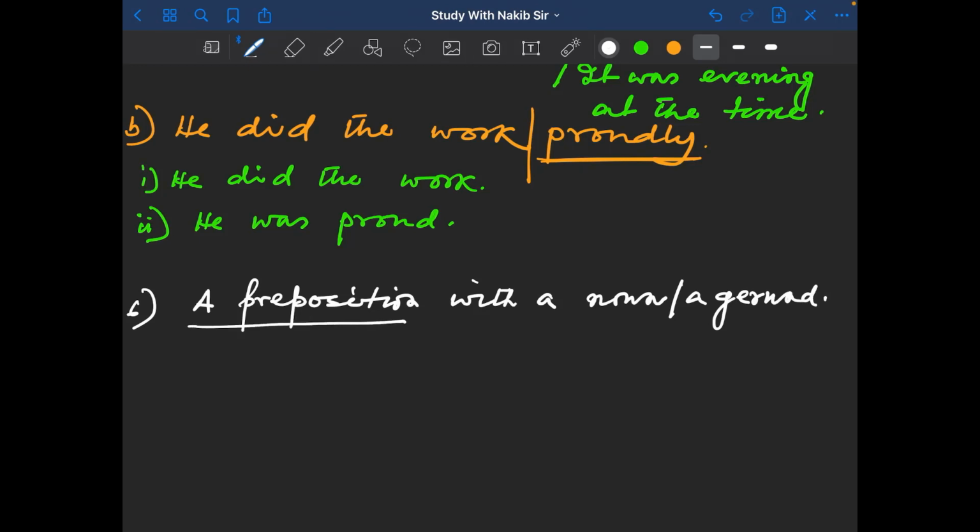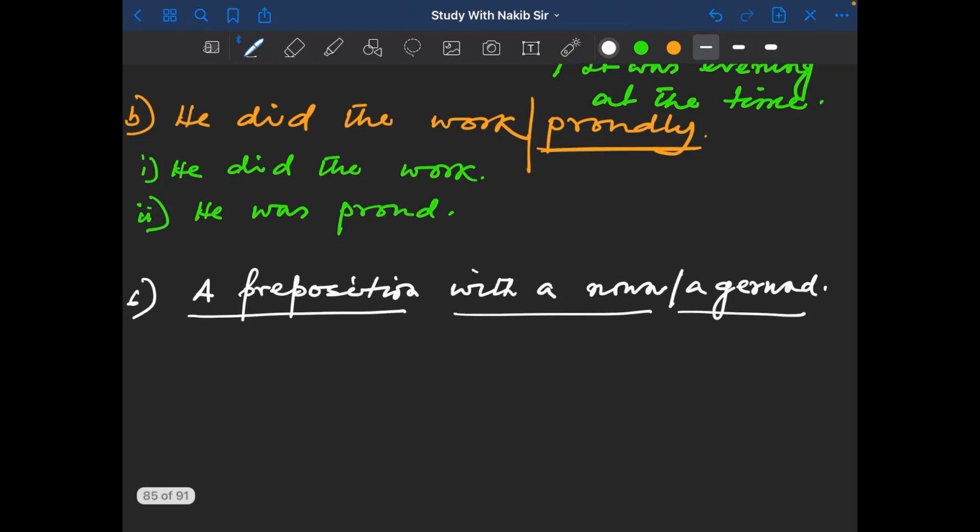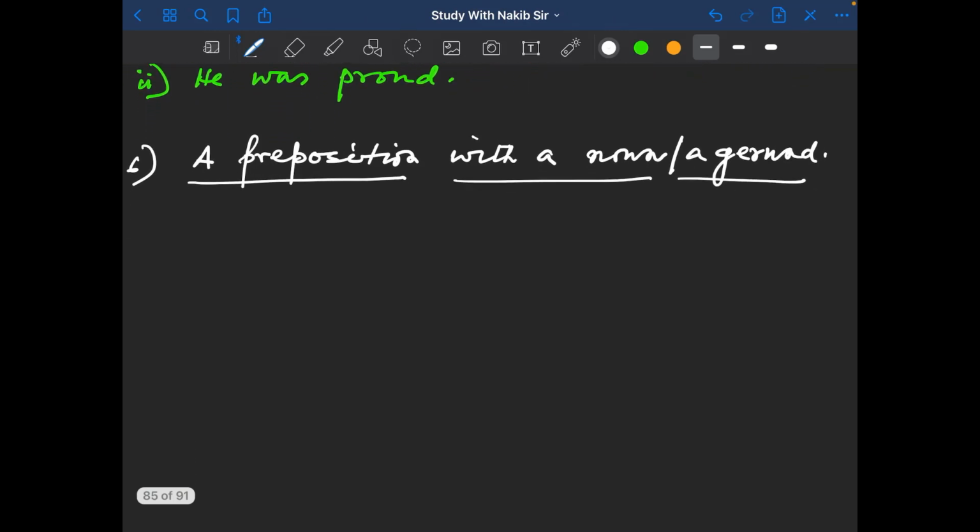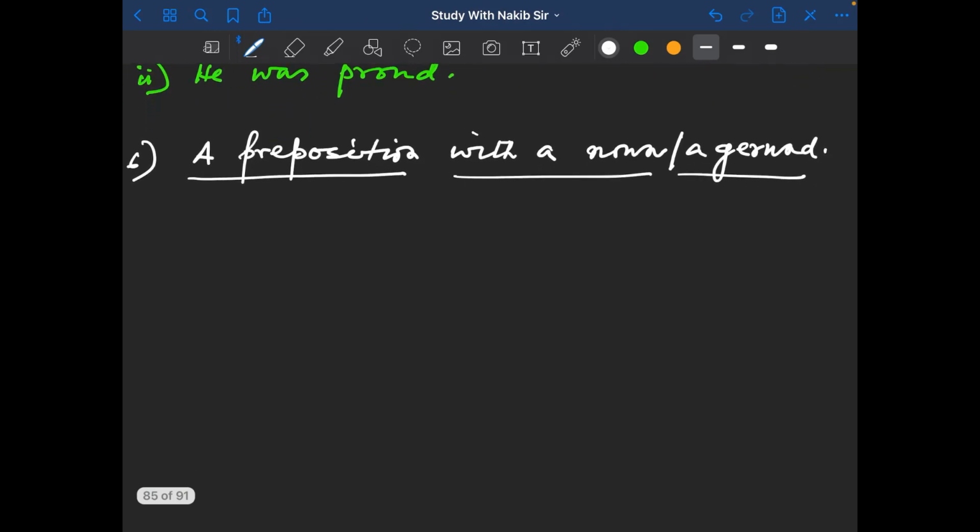If you get this type of elements in a given sentence, for that element you can make a separate sentence. Okay, take one example and see, it will be clear.